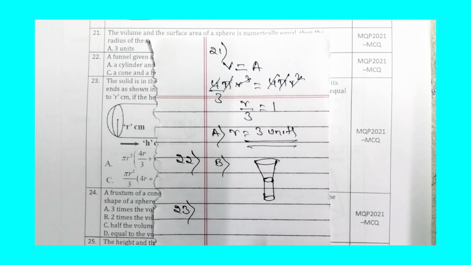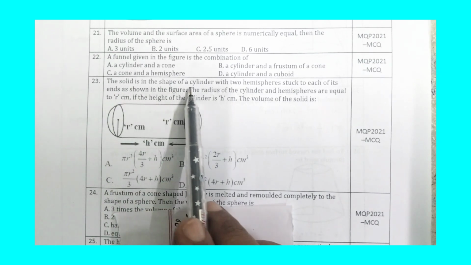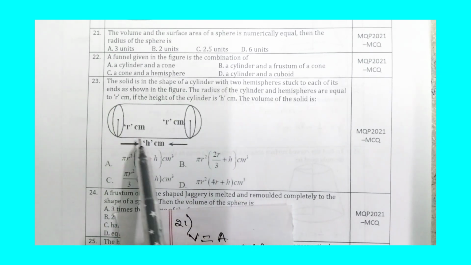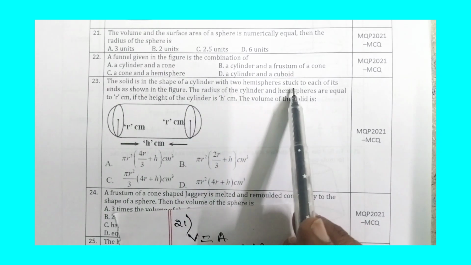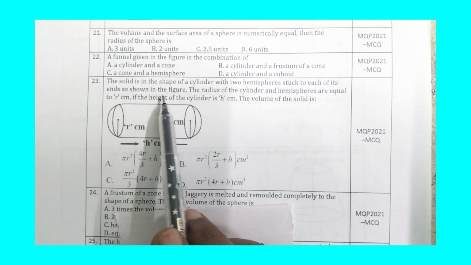Now let us move to the 23rd question. The 23rd question is given: the solid is in the shape of a cylinder, a solid cylindrical shape, with two hemispheres stuck to each of its ends as shown in the figure.